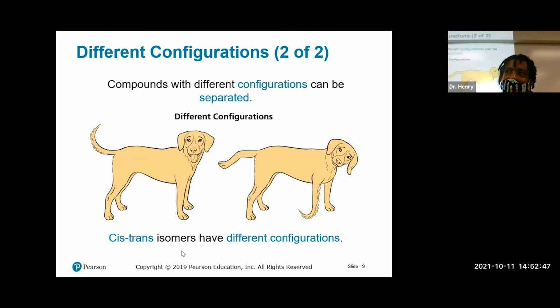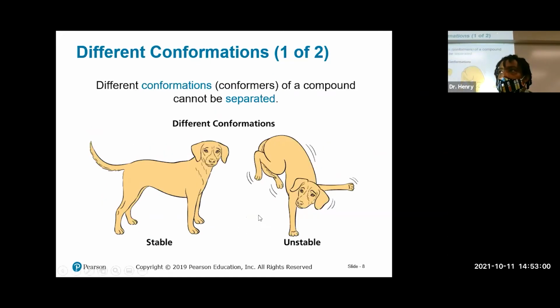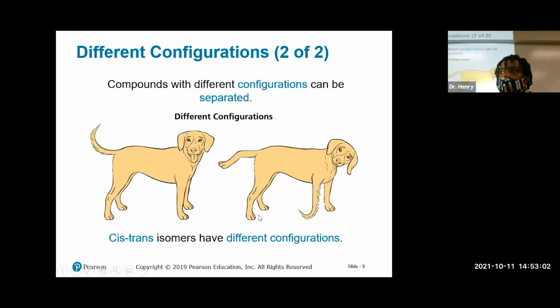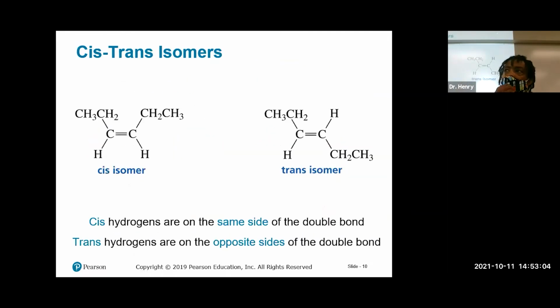Okay, the cis and trans isomers have different configurations that can exist, right? This is just another example. So here, cis or trans, right?